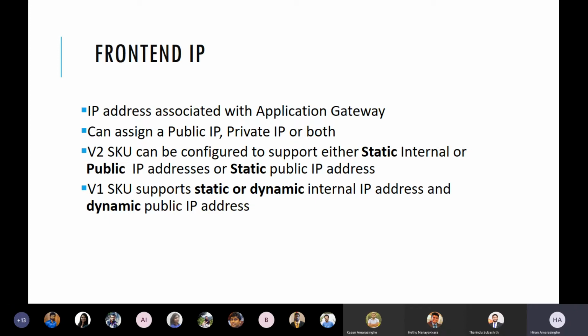Now we know that IP addresses are basically used for DNS resolving, so you can reach the web application. So you might think, why do you need a private IP address? These application gateways are not just public facing. It will also act as an internal load balancer. Just think of this application gateway as a square.